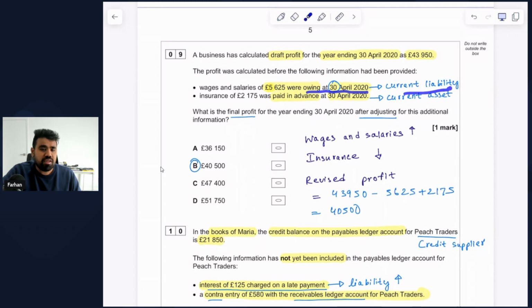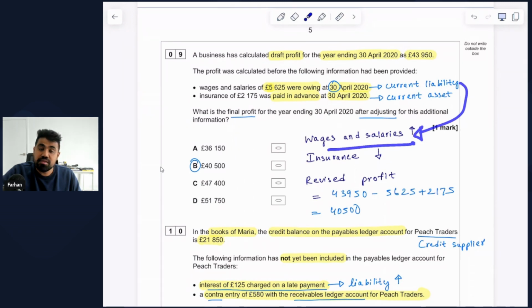If this is a present obligation, this has increased the expenses for the business for this financial year. So we have to increase wages and salaries in the books to account for the total expense that has actually been incurred in the year.